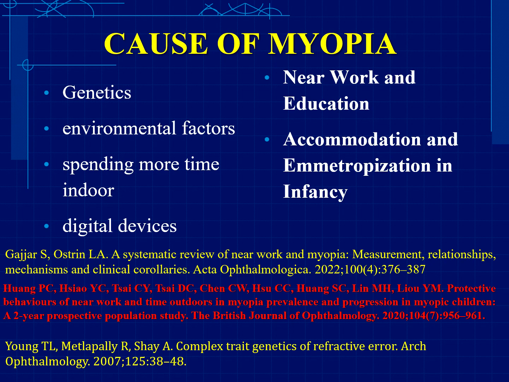What is the cause of myopia? There are two main causes of myopia. Different studies in recent years show that genetics is one of the most important factors affecting the cause of myopia.